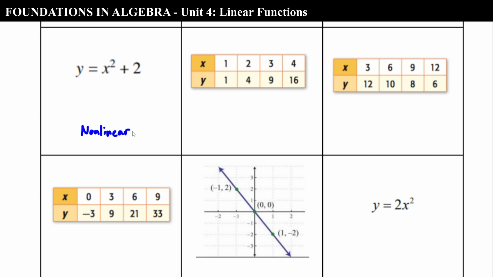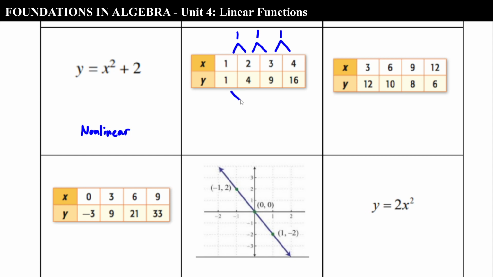Now let's look at a couple of tables. Our change in y has to be the same as our change in x, or at least the ratio between the two. So let's take a look at our x's first. 2 minus 1 is 1. 3 minus 2 is 1. 4 minus 3 is 1. So that changes by the same number. What about these on the bottom?